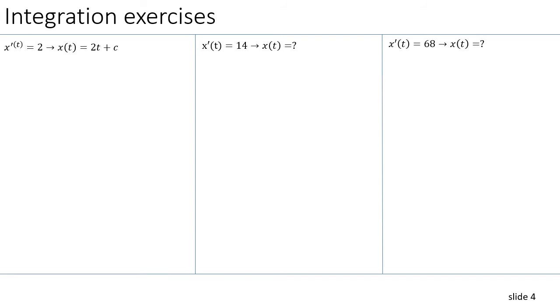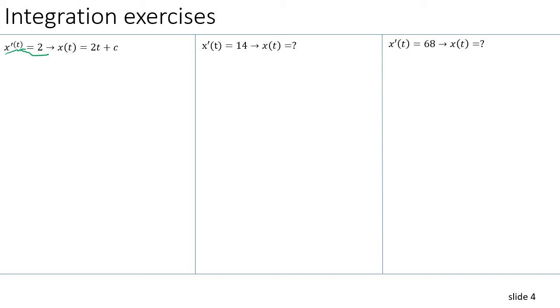Now let's do some examples for integrals, just for some good practice. All right, so for the first question, what is the integral of x prime of t equals 2? Well, the integral is the opposite of the derivative.